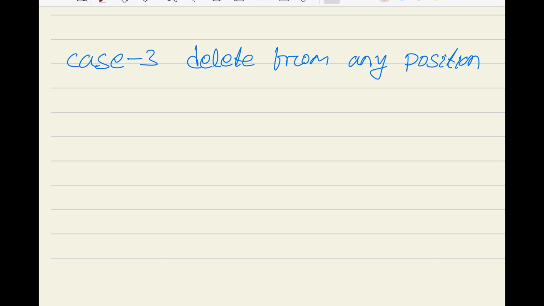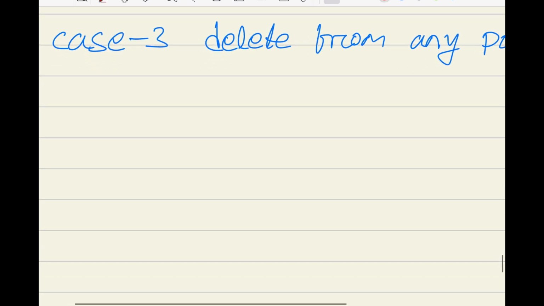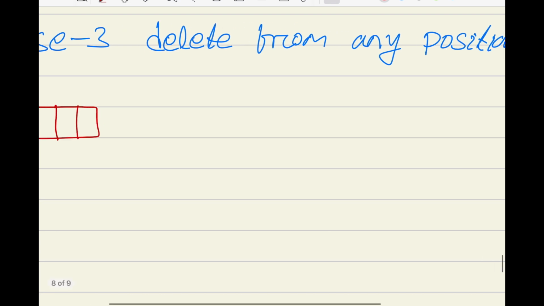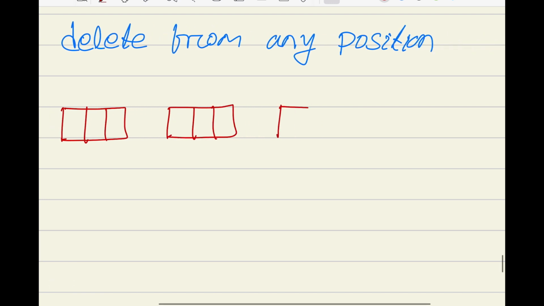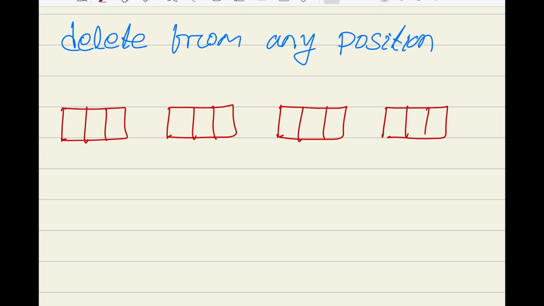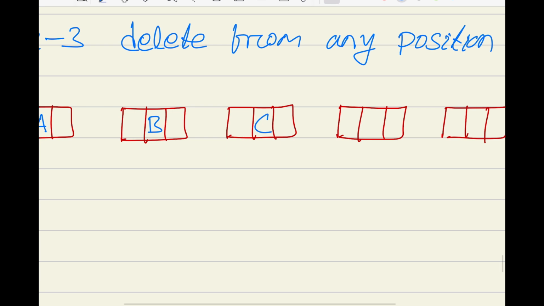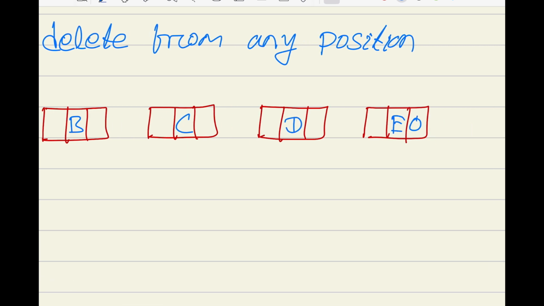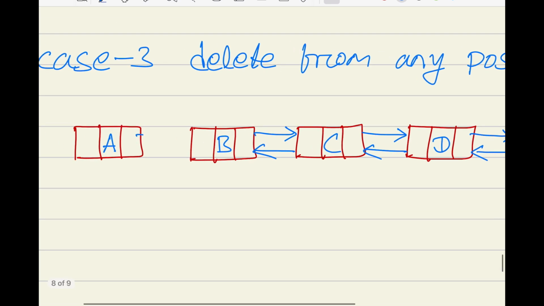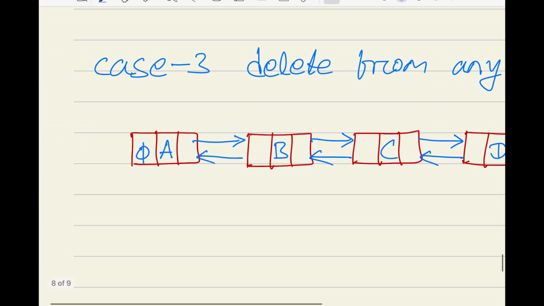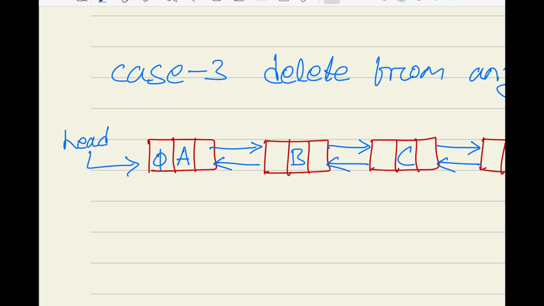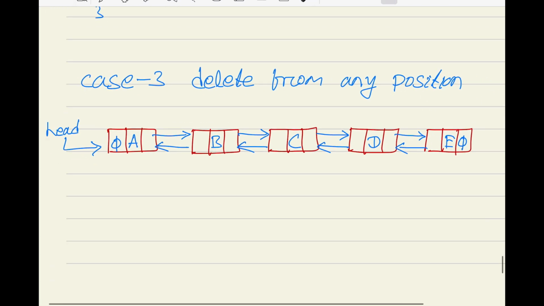Consider the list is like this. Assume its data is A, B, C, then D, then E. The next of E is null, the previous of A is null, and head is referring to A. This is the initial structure.